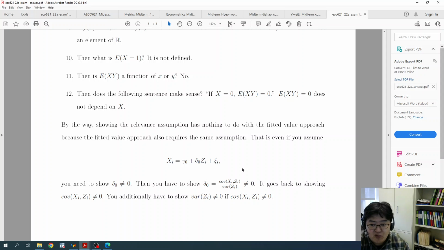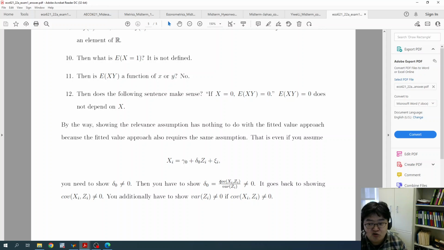So for example, if you set up this equation, what you need to show is that delta does not equal 0. And to do this, you have to show this. And showing this does not require this functional form. And then it's more complicated.